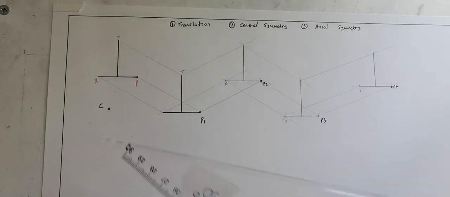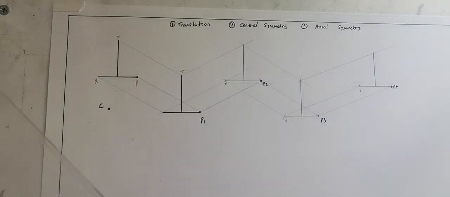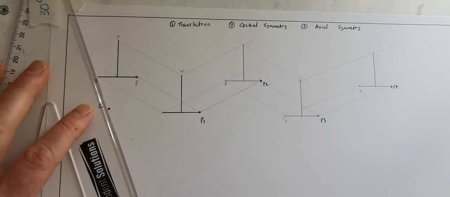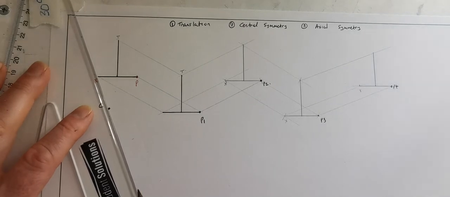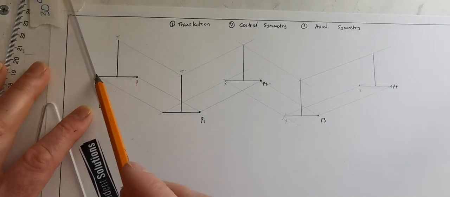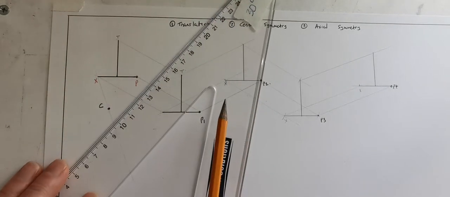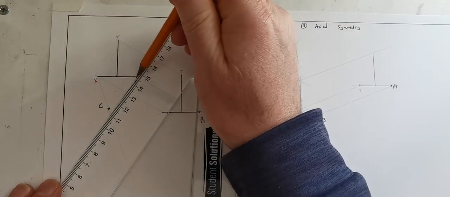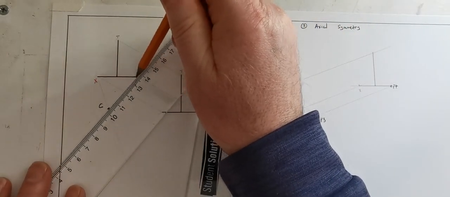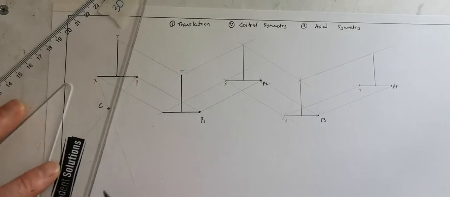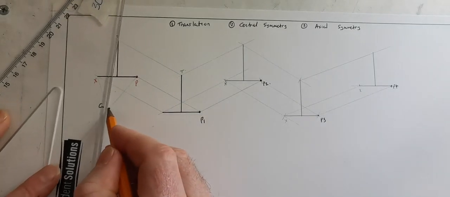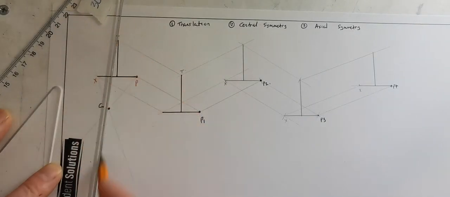Now, a central symmetry: every point goes through the center and the same distance beyond. So once you find the center, every point goes through the center and the same distance beyond.